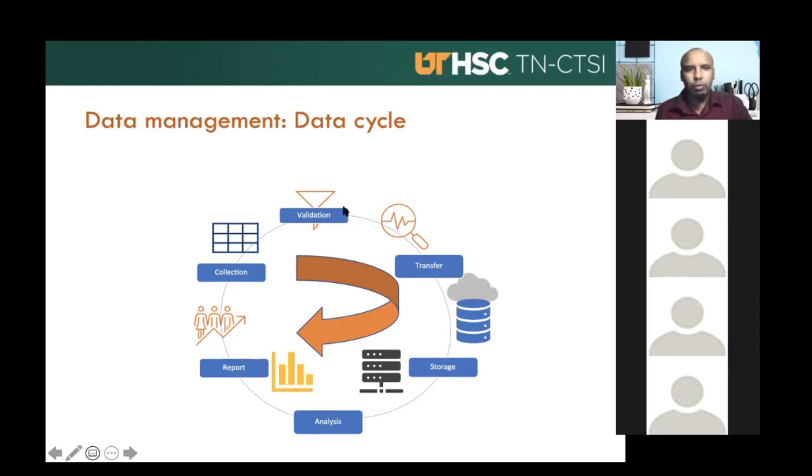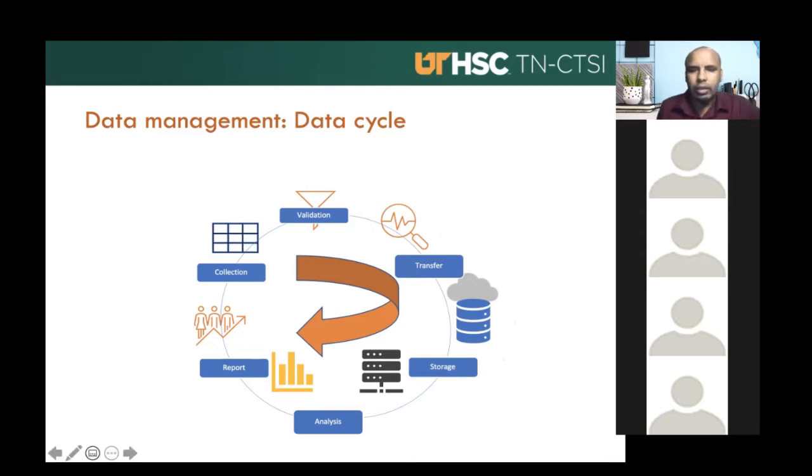We'll look at what we mean by validation when we look at the data values. And then data are transferred for storage in the cloud or in designated data storage facilities. At the University of Tennessee, OneDrive is one way to store the data. We'll discuss that as well.